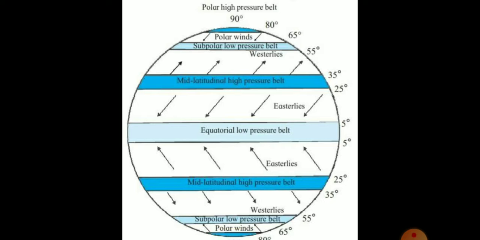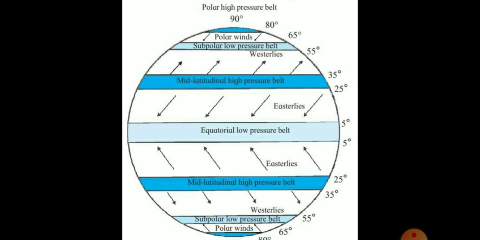Polar high pressure belt, subpolar low pressure belt, mid latitudinal high pressure belt, equatorial low pressure belt, mid latitudinal high pressure belt, subpolar low pressure belt. Totally 7 pressure belts are there. Except for the equatorial low, the others form matching pairs in the north and south hemisphere.